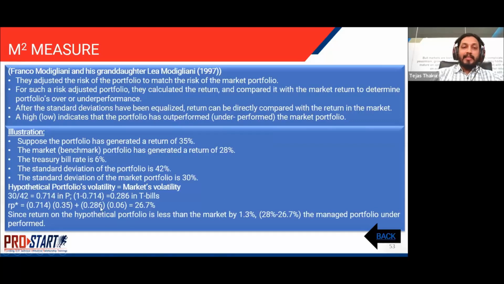Indirectly, it says that since the return on the hypothetical portfolio that we created by splitting the monies is less than the market by 1.3%, because the market return is 28%, the portfolio manager has underperformed the market. So this just ensures that you split the money to adjust the volatility with respect to the benchmark, and in that volatility, what would the fund manager have delivered. And if it is lesser, that means the portfolio manager has underperformed as compared to the market.